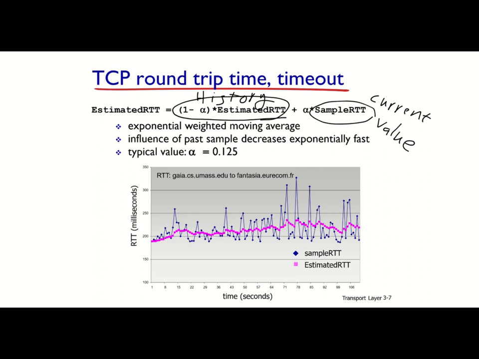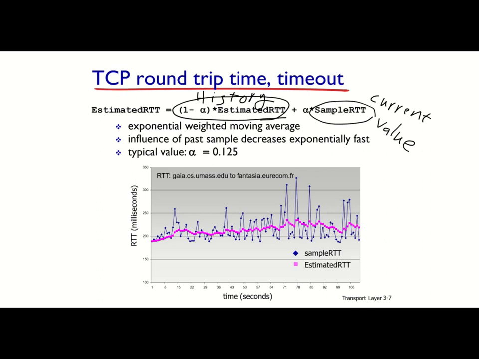If you decrease the value of alpha, it means that you want to emphasize the historical value of the estimated RTT, and you're not very interested in the current value, so you don't want the current value to affect your estimated RTT a lot. And if you set alpha very low, then you would have a very smooth curve, as you see here, over time. But if you set alpha to a higher number, then you would have a less smooth curve.